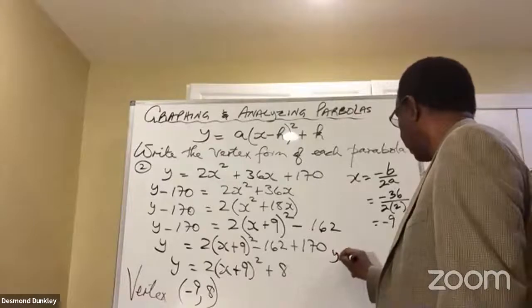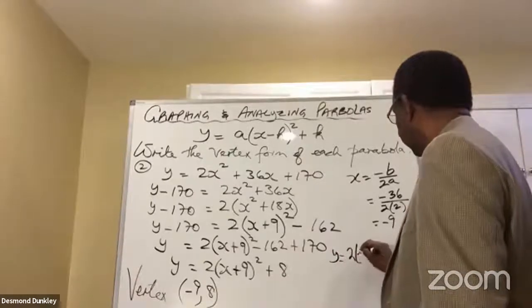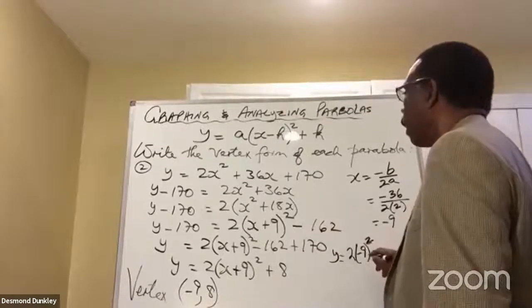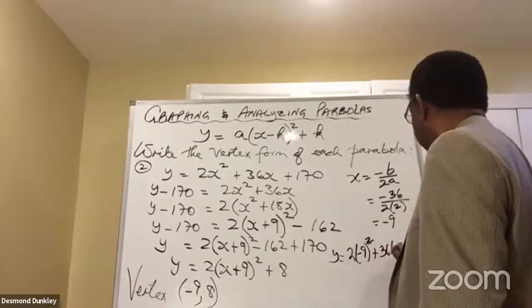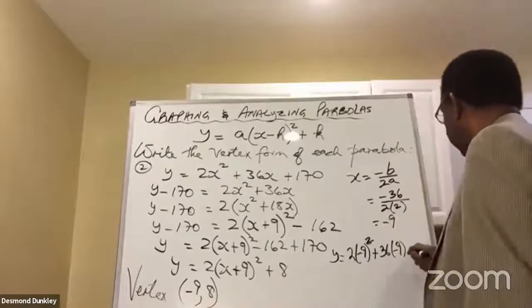y is equal to 2 times negative 9 squared plus 36 times negative 9 plus 170.